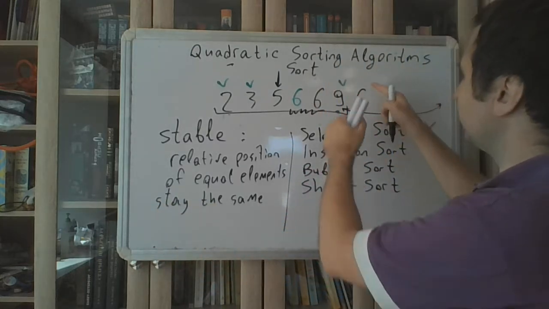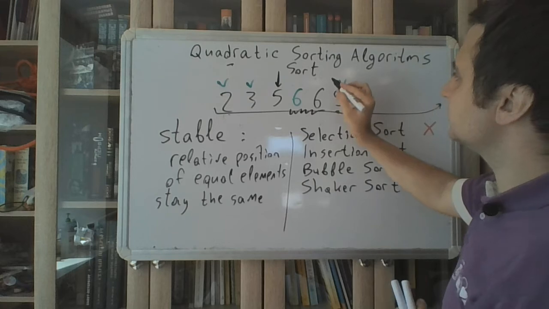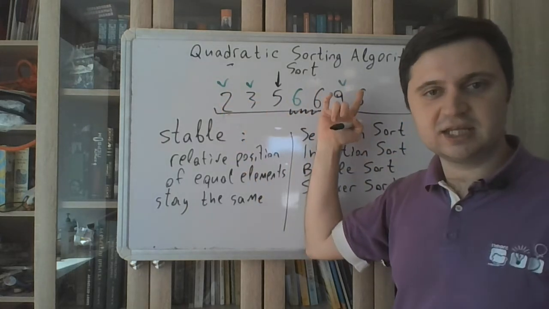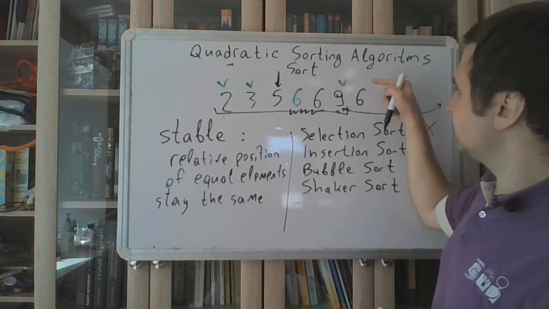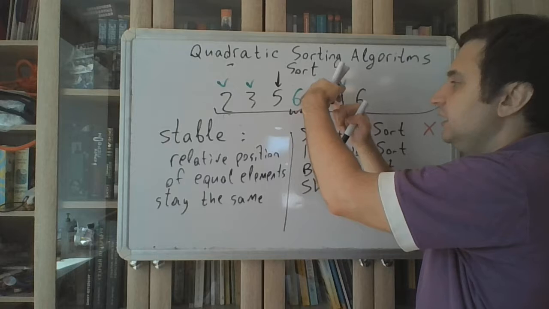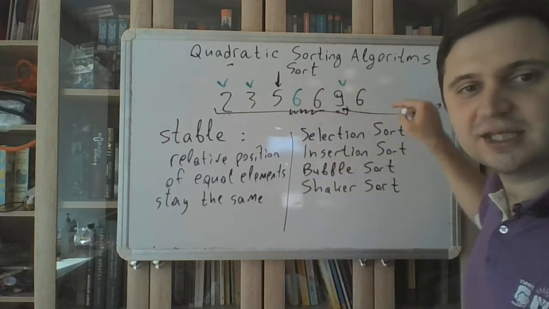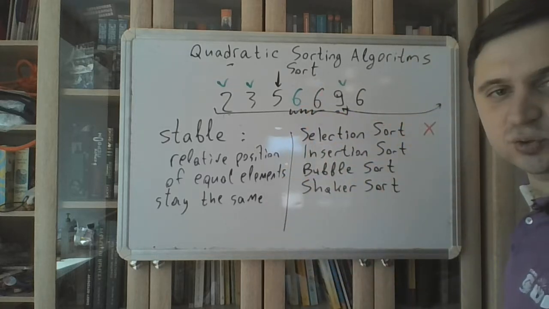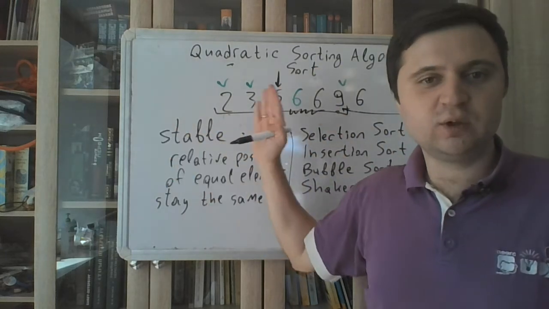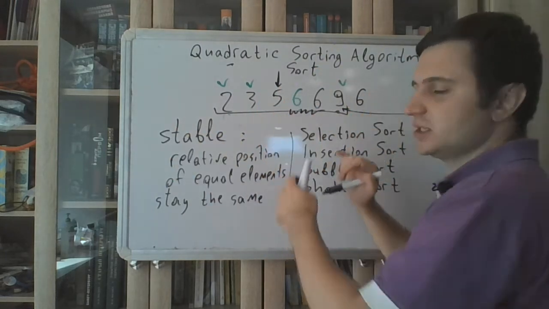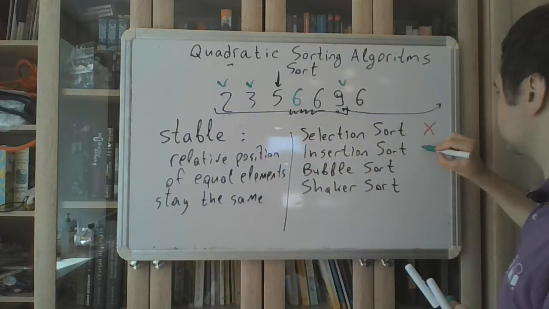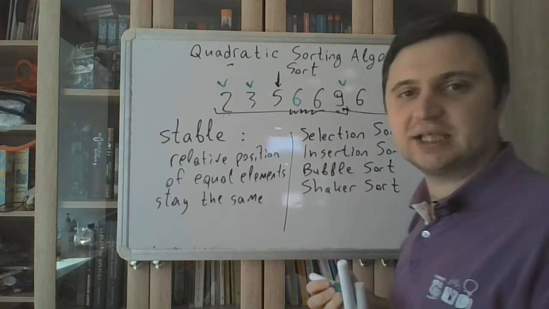So once a 6 comes here, it doesn't interchange with the previous 6s, and the 6s that were to the left of this 6 initially will still be to the left of the 6 in the insertion sort. And the new 6s that are to the right will come to this region and will not be swapped, so they will stay to the right of these guys, which is exactly what we want. So insertion sort is indeed a stable sort.